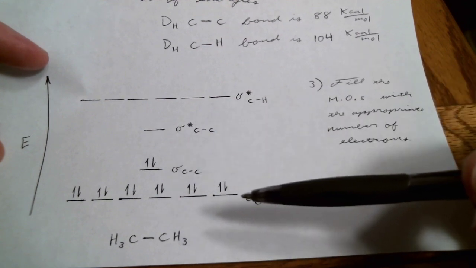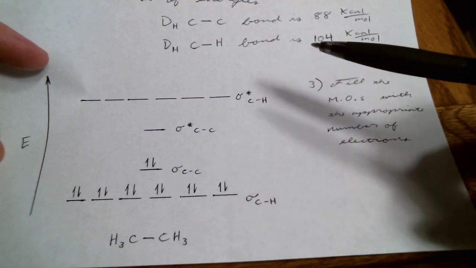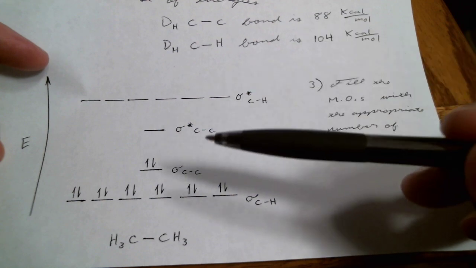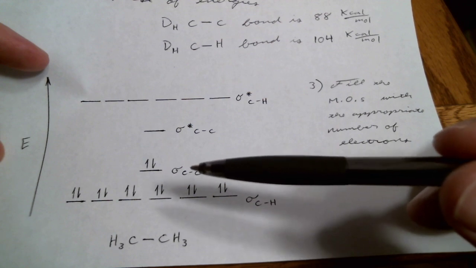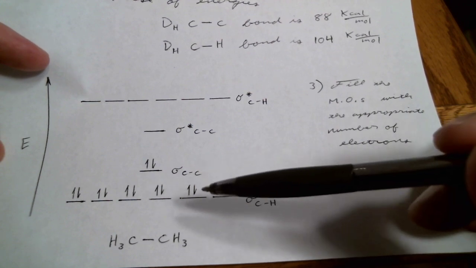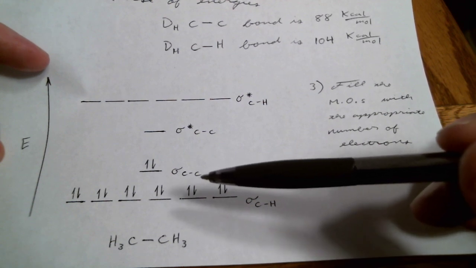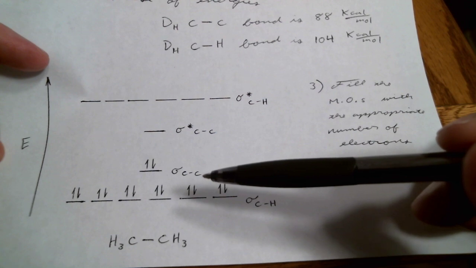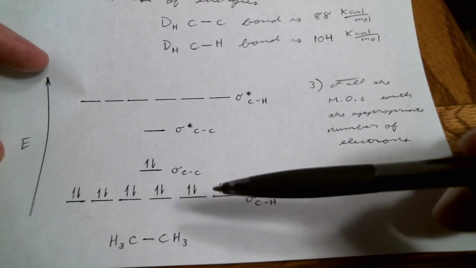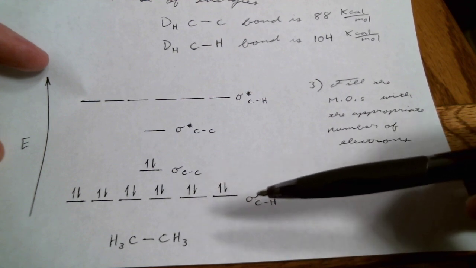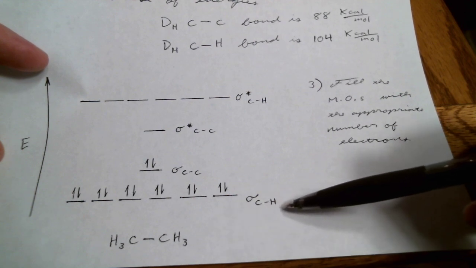The carbon-hydrogen bond is in a deeper well, so it takes more energy to bring it out and break it, whereas the carbon-carbon bond isn't in as deep of a well, only 88 kcals per mole, so it's a little higher than all of these. Another way you could think about that is what really are the orbitals that make up the carbon-carbon single bond, and that would be an sp3 hybrid overlapping with another sp3 hybrid. That's going to be a higher energy combination than an sp3 hybrid overlapping with a 1s atomic orbital.